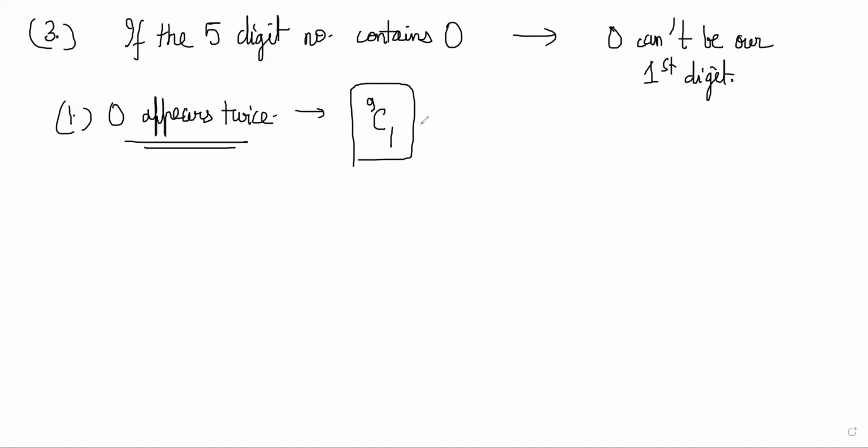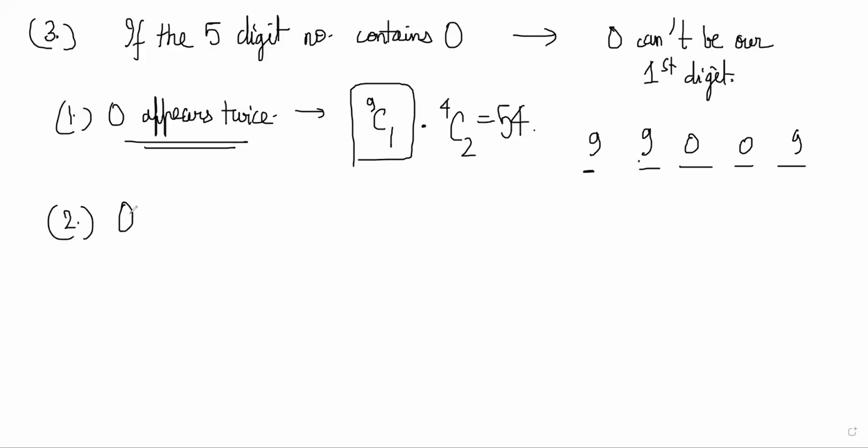After that, we select where the 2 zeros will go out of the remaining 4 spots. Let's say the first digit is 9. You have to put 2 zeros in the 4 spots, so 4C2 ways, let's say here and here. The remaining digits have to be 9, which is guaranteed, so there is nothing left to do. So this is simply 9C1 times 4C2, which is 54.